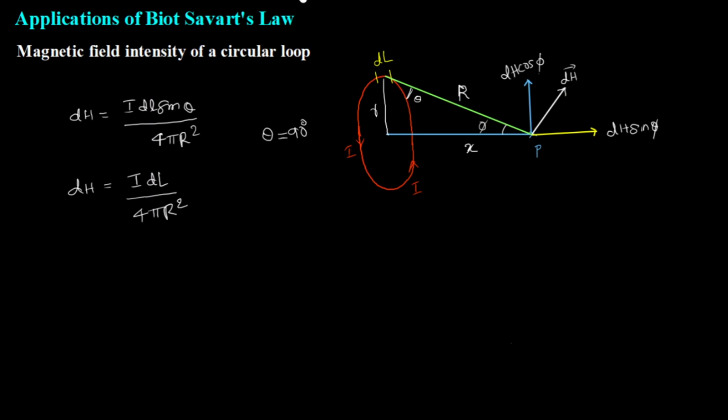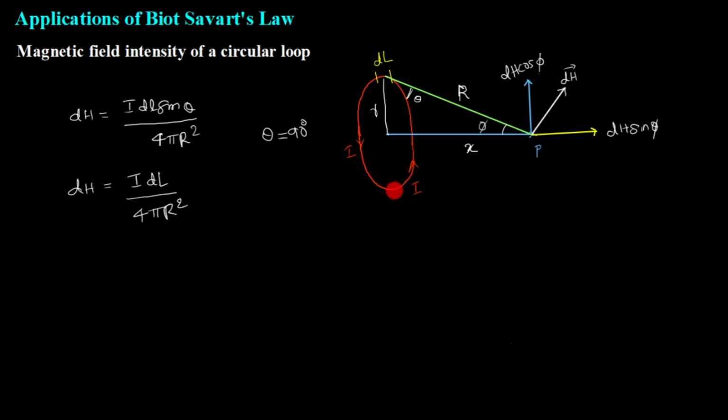Now listen carefully. This is the case when dl is considered at the top of the loop. Now the same dl can be considered somewhere here. Likewise, this dl can be anywhere on this circular loop. Now, what if this dl is exactly opposite, that is at the bottom of the loop? This is at the top of the loop, with reference to the screen, and now this is at the bottom.